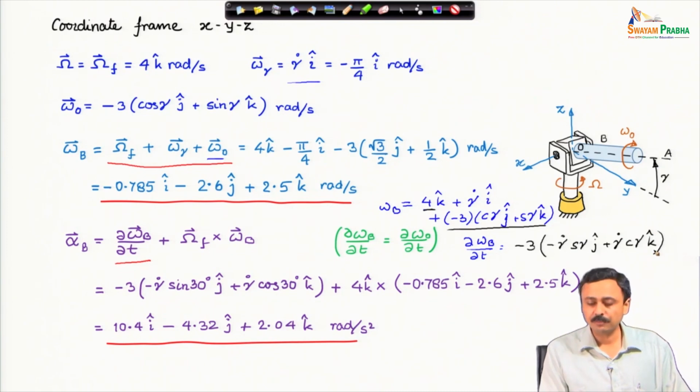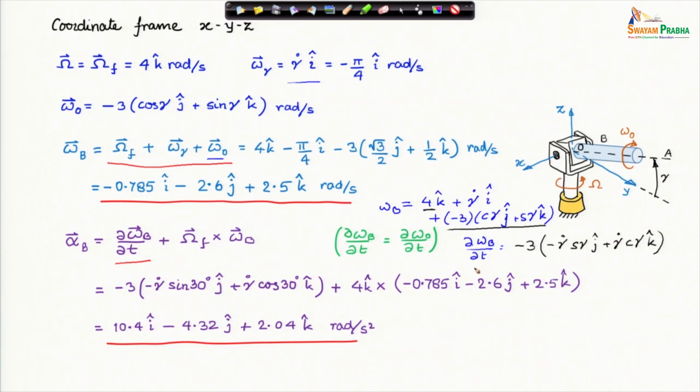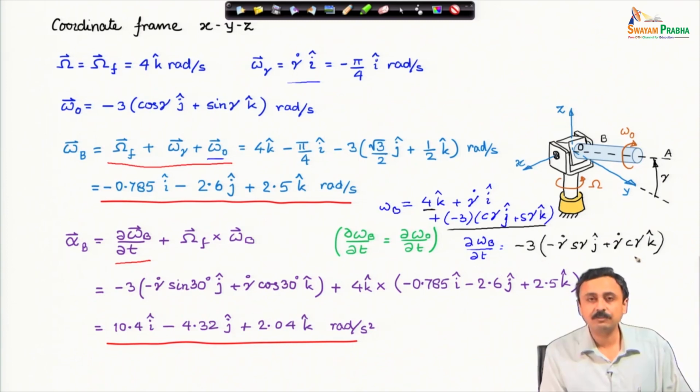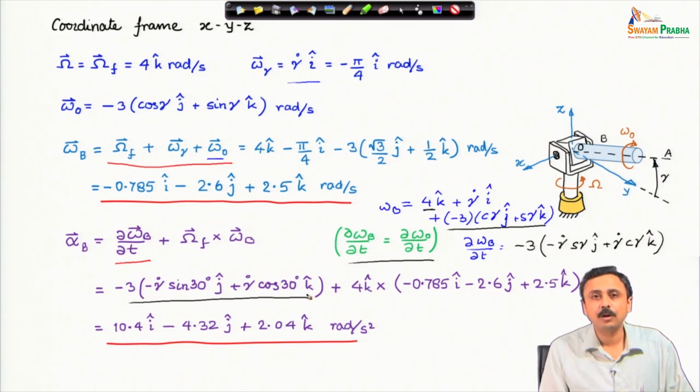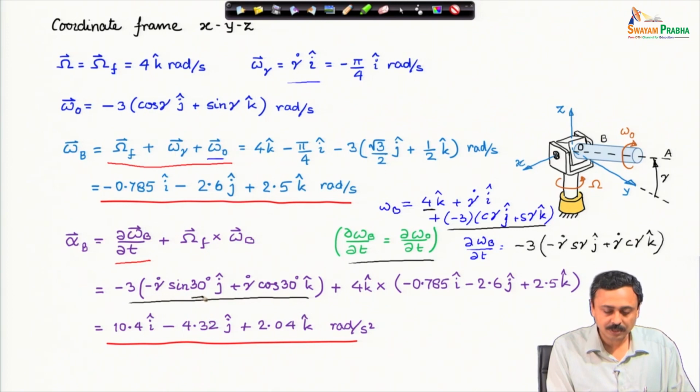Therefore, in this problem we do have a local time derivative of omega body, and that is given by this, and that is why I wrote this statement, and this is what we get from the data given in the problem.